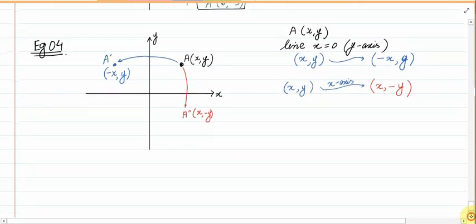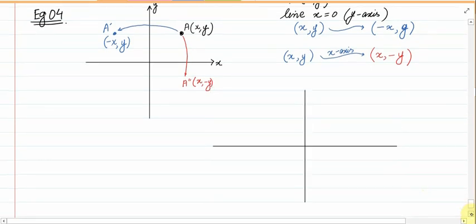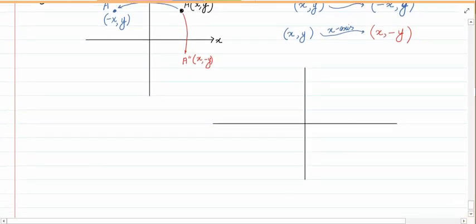Alright, if you have a problem where the reflection is not in the x or y axis but with a specific line, I am going to tell you the method for this question. Now inshallah in this example your concept will be crystal clear. So that is my x-axis, that is my y-axis.